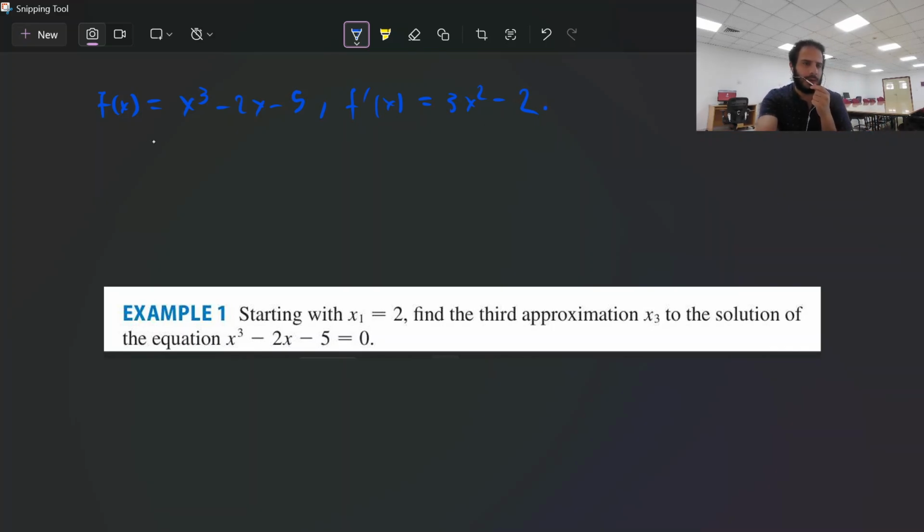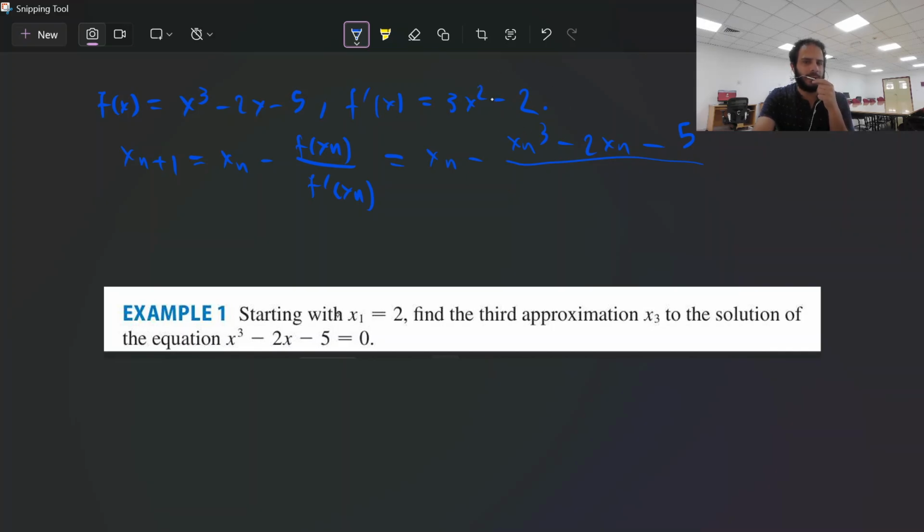Now you write the formula. You have xn plus 1 equals xn minus f of xn over f prime xn. Then this equals, now you substitute xn in f and f prime. You get xn minus xn cubed minus 2xn minus 5 over what?